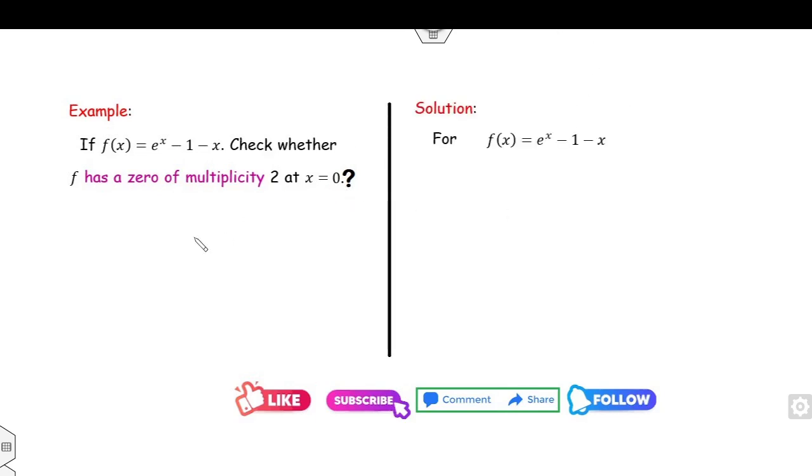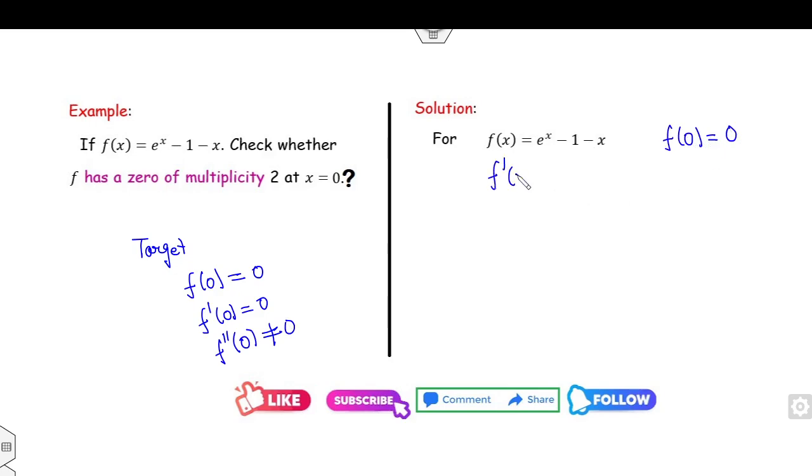So what is your target? Multiplicity 2 at the point 0. Your target is to prove f(0) is 0, f'(0) is 0, and the second derivative is non-zero. So clearly f(0) is 0, e raised to power 0 is 1. Fine. What is f'(x)? e raised to power x minus 1.